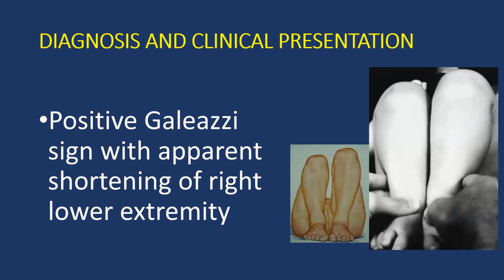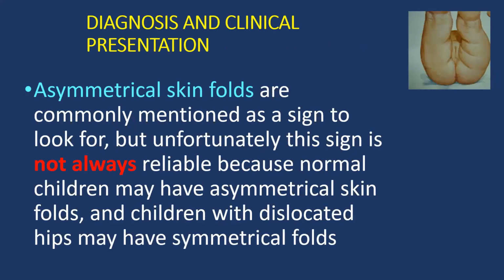This is another child, and this child has a positive Galeazzi sign with apparent shortening of the right lower extremity. So remember, you have the Barlow, you have the Ortolani, and you have the Galeazzi or the Allis sign. Don't forget these. We love to ask these questions in exams. What about the skin folds?